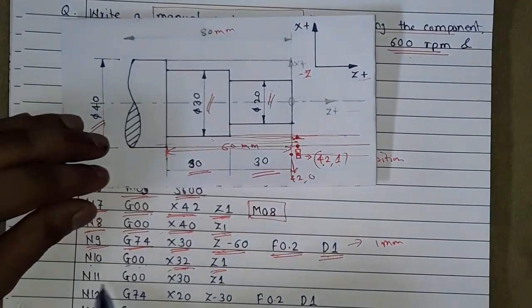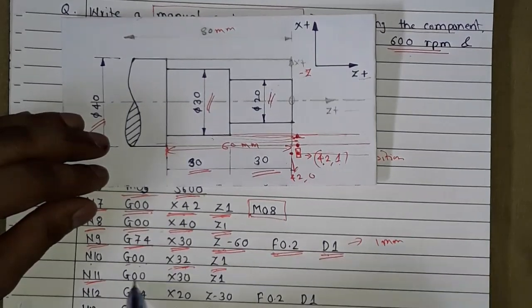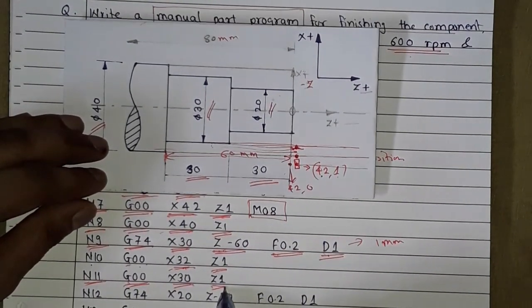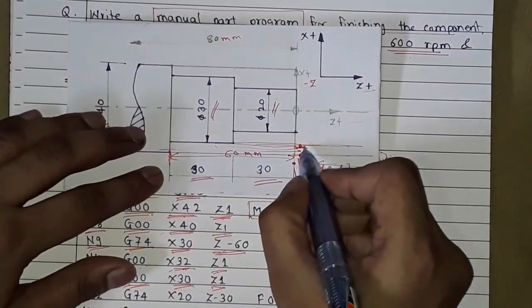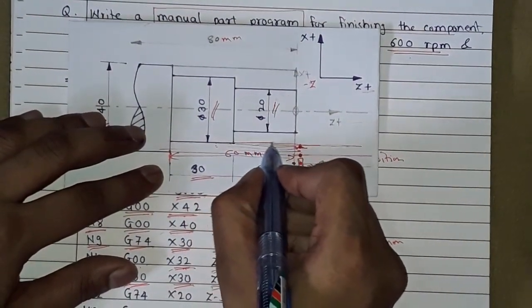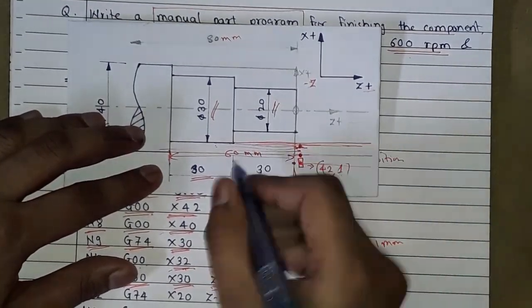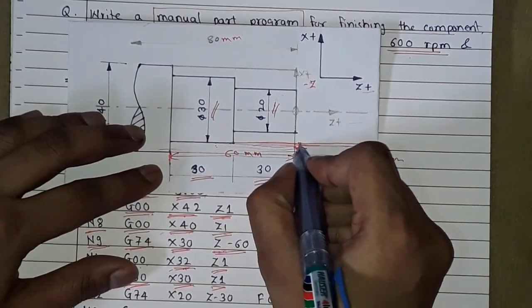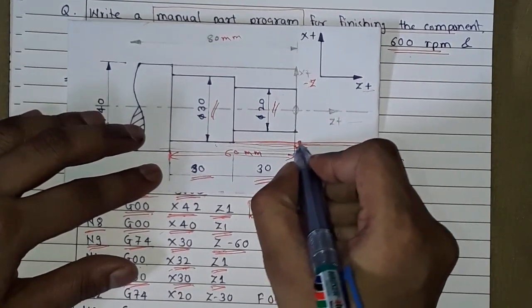Next is again N11 G00 X30 Z1. Now the tool will be at this position, this is 30 and this is Z1, and again from 32 to 30 the tool will be here now.